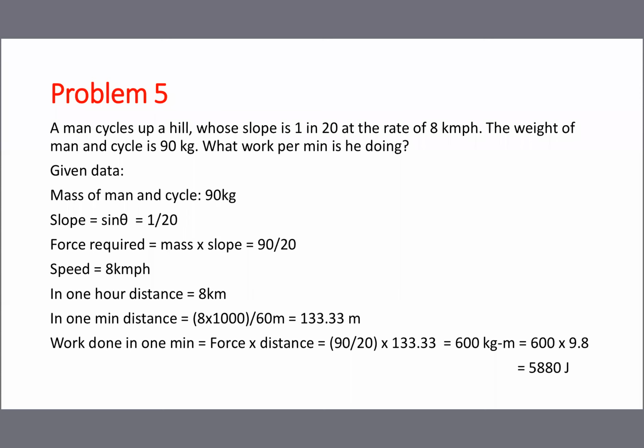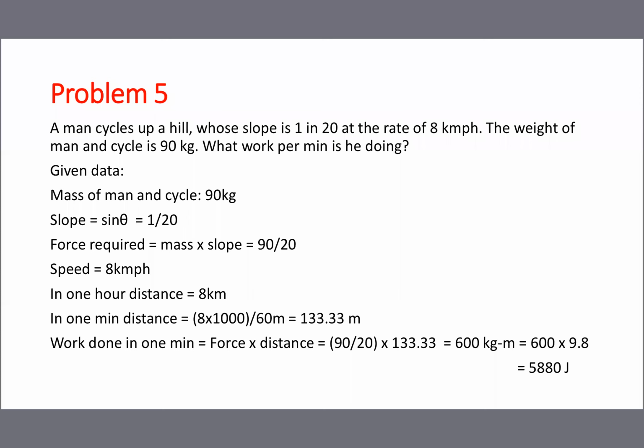Then one more data, distance required. Distance is not clearly given, but speed is given. Speed 8 kilometer per hour. What is the actual meaning? In 1 hour the distance is 8 kilometer, or you can say 8,000 meter. So distance coming 8,000 meter. But the question finally, once again read, what work per minute is he doing?